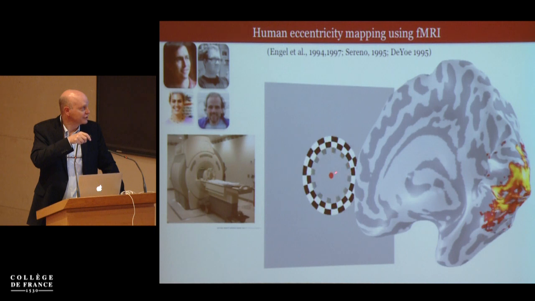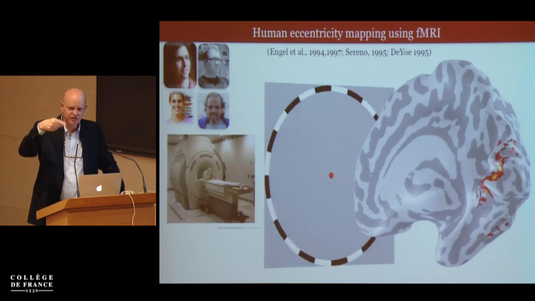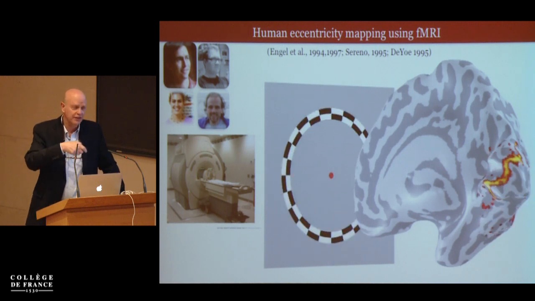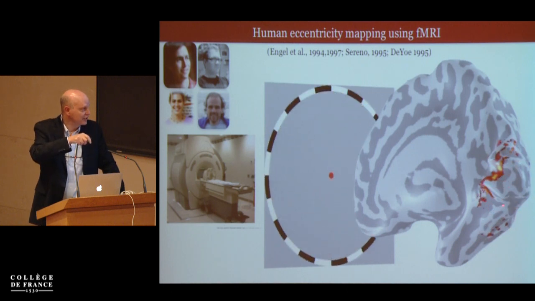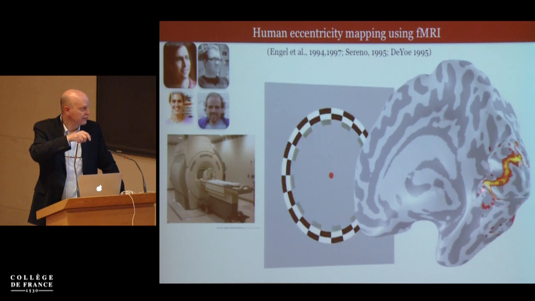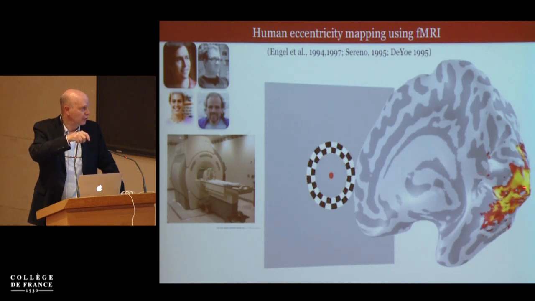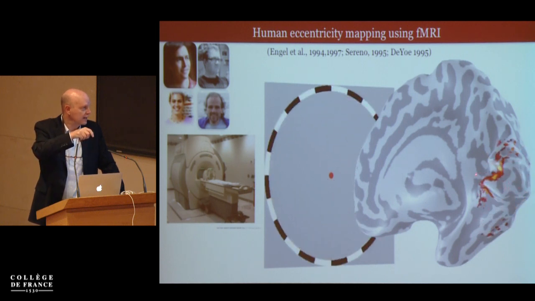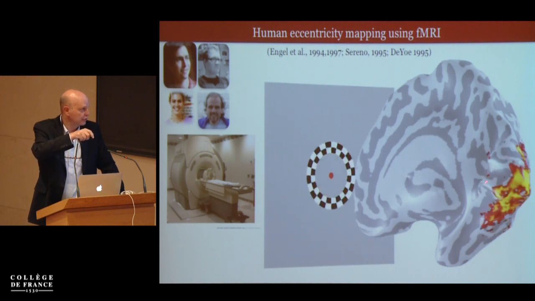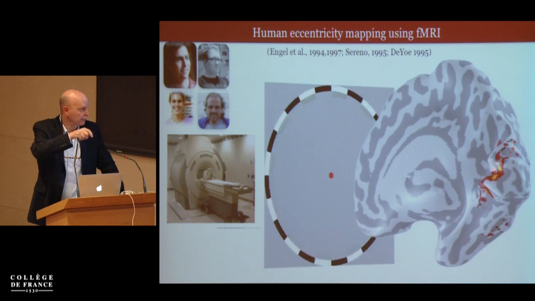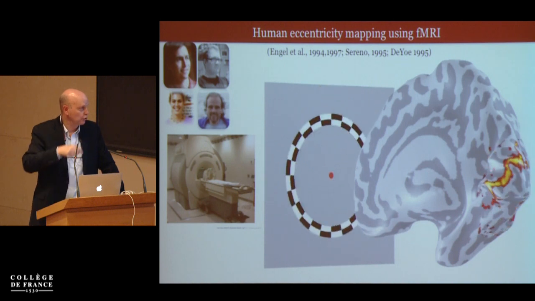The person is fixated over here on the red spot, and this is sped up; it goes slower than this in an MR experiment. As the ring expands, there's a traveling wave of activity that runs from the very posterior part of the brain along the calcarine sulcus. Right in over here, it's the calcarine sulcus. That's where primary visual cortex is.